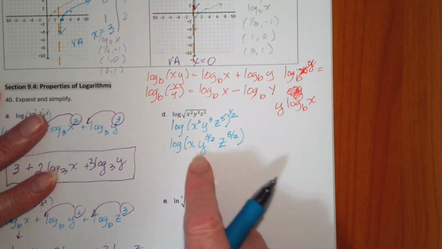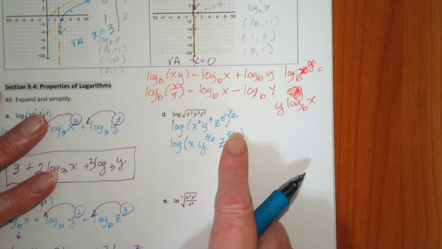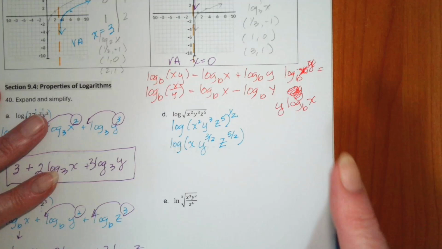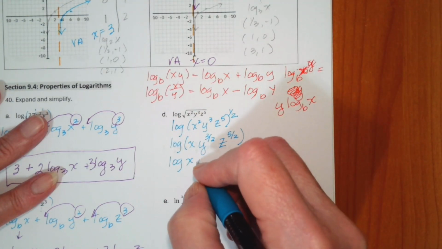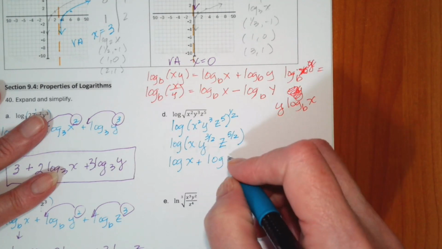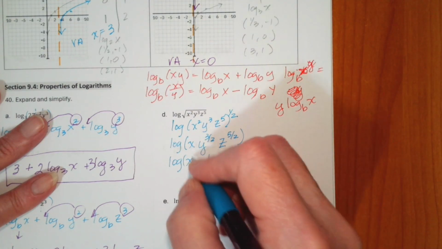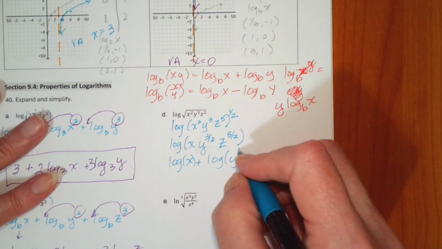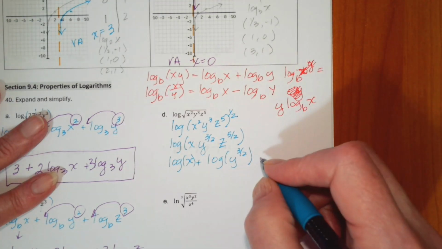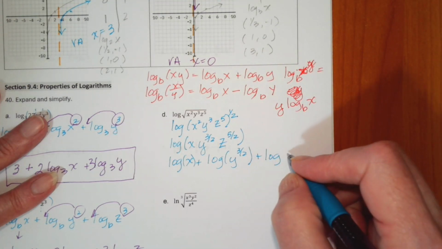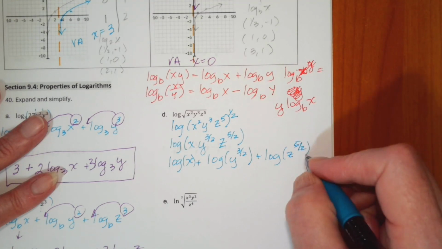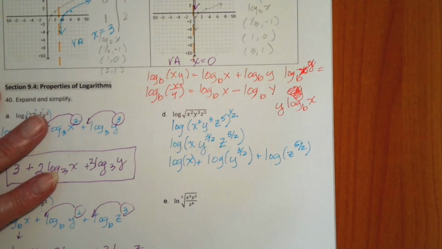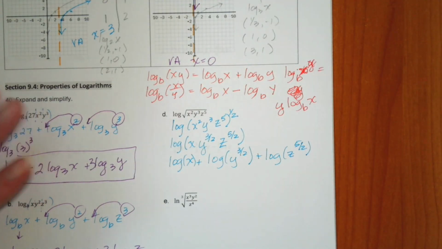So now I have 3 bases. I have my exponents. I can split it into log x plus log, and I'll do it, y to the 3 halves plus log z to the 5 halves. And then I'm going to use my power rule.